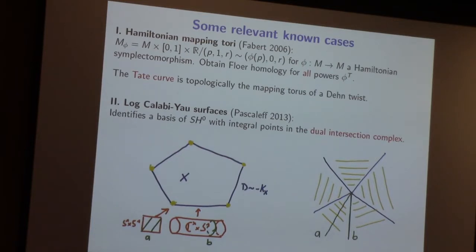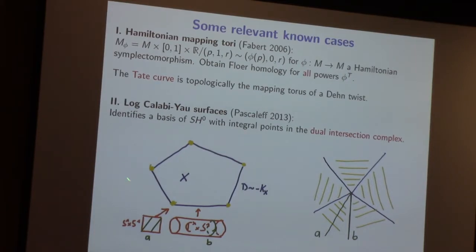The other case that is maybe closer to what we are looking for, but still not quite the same, is a recent work by James Pascaleff on non-compact surfaces. So related to the story I told you yesterday, it was this work of Gross-Hacking-Keel.